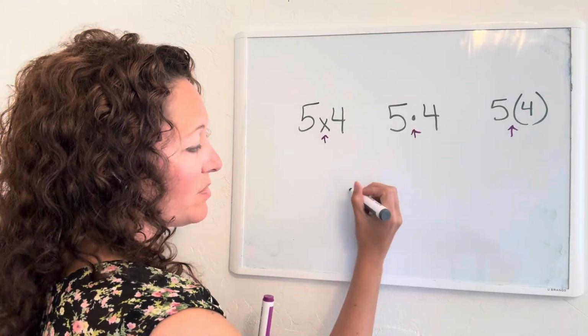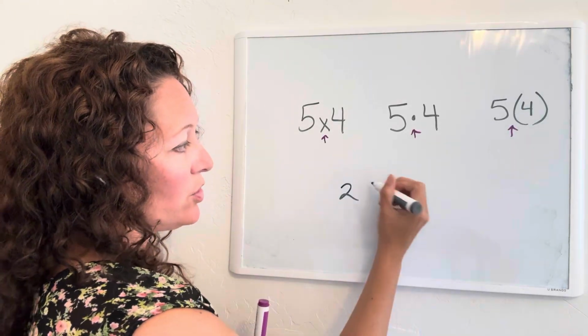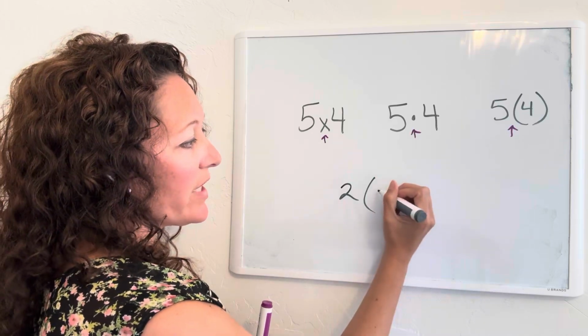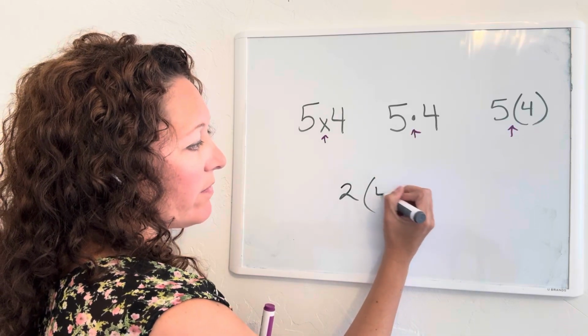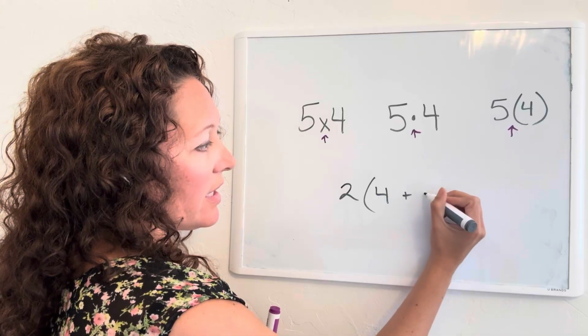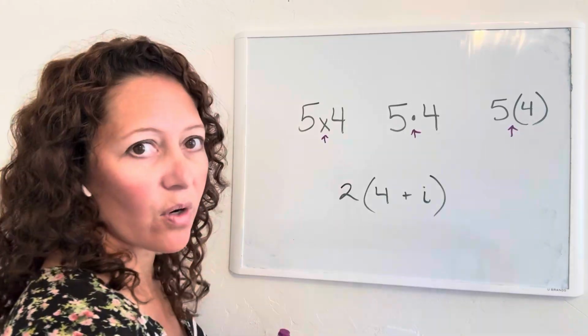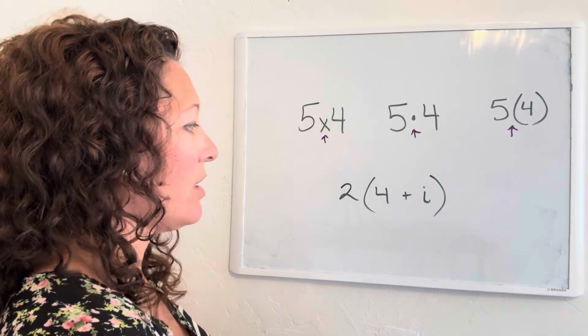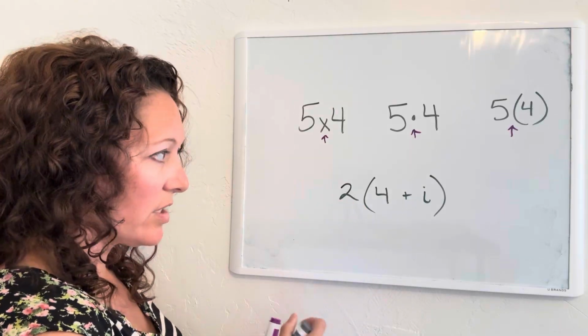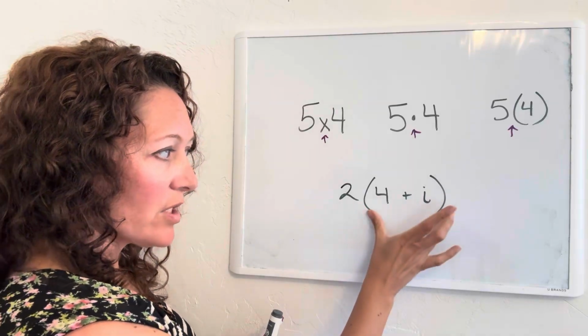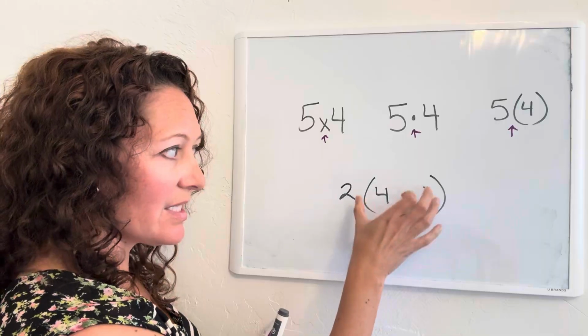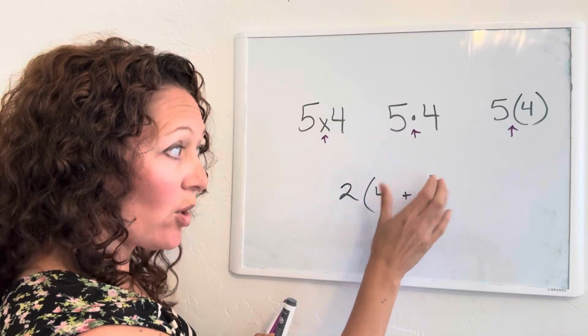And that's the concept. I have a scalar like my 2, and then maybe over here I have 4 plus i. So I'm throwing a little complex number in here. Okay, so when we are talking about a scalar multiplying this whole expression, it's scaling it up or multiplying that whole thing.